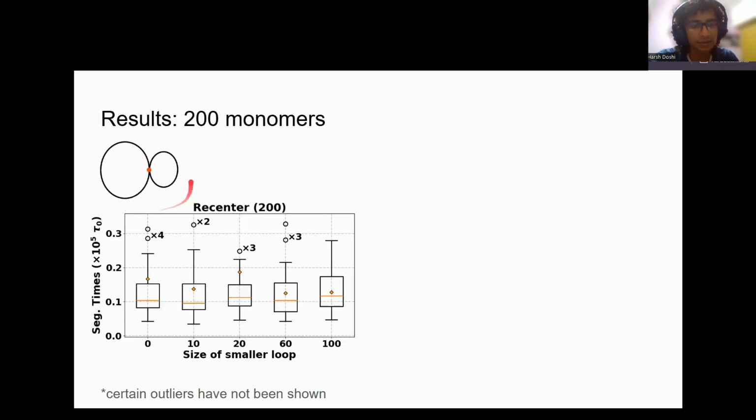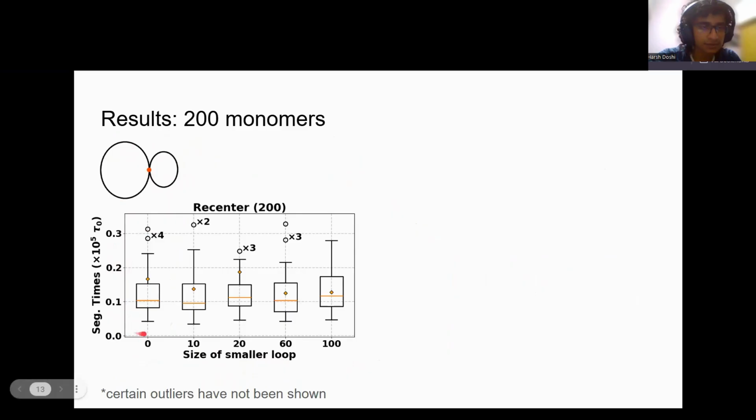I consider a topology of this form with one big loop and one smaller loop, and I vary the size or the ratio of sizes of these two loops to see how that affects the segregation. On the y-axis here, I've shown the segregation time, and on the x-axis are the various topologies obtained by varying the size of the smaller loop.